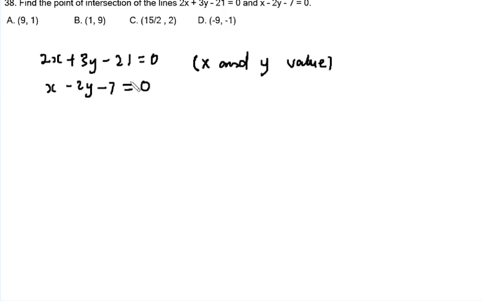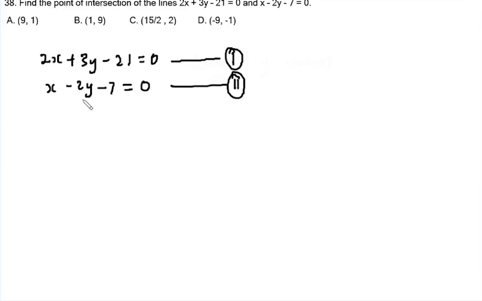Okay, so to solve both as a simultaneous equation, we can see this is our equation 1 and this is our equation 2. So I'll be using the substitution method for this one. So let's pick equation 2.